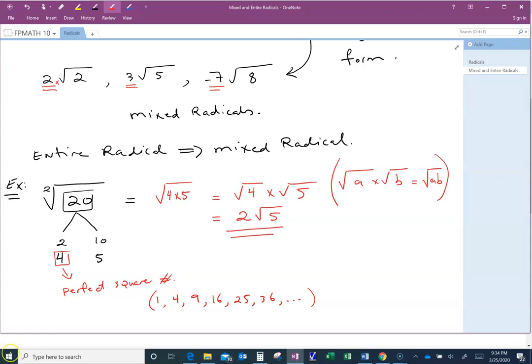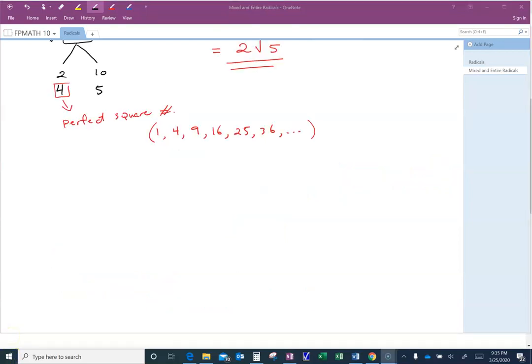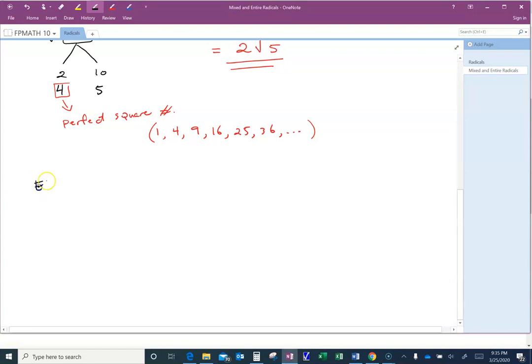All right? So now how do we go from a mixed radical to an entire radical? Let me give you an example. 7 times root 2. Well, this one is actually very easy. All you have to do is take the outside number that you have and bring it inside by squaring it. So you will get 7 squared, and then you multiply it by the 2 that was already inside.